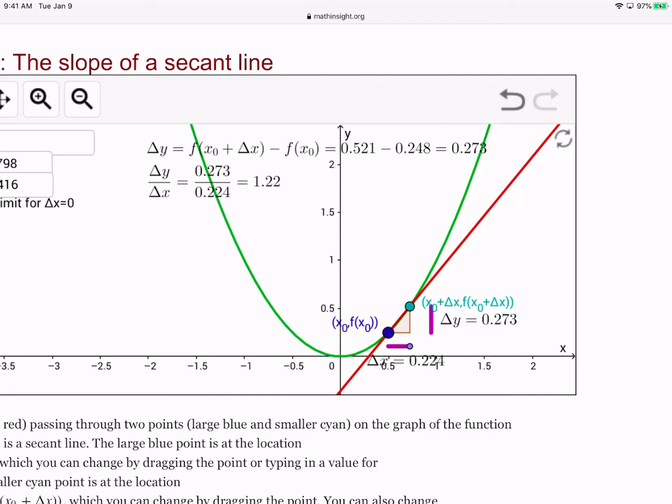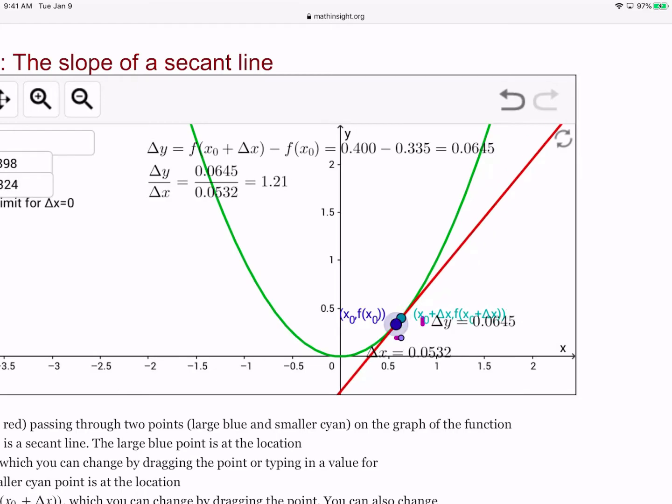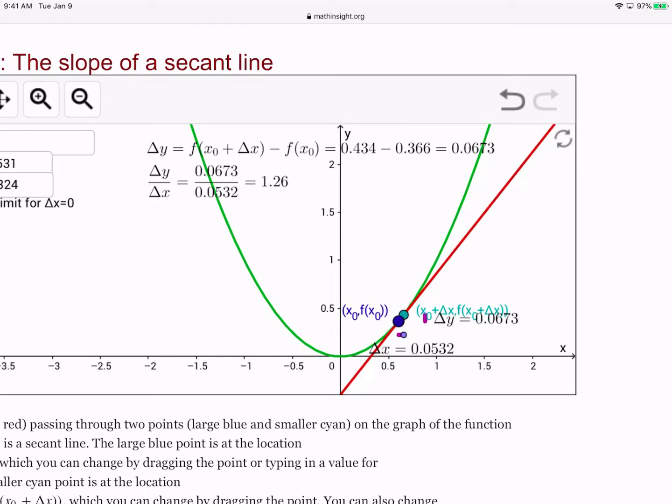So someone took the slope of this line and then they moved closer to 0.5. Then they found the slope of that line. And then they moved closer and closer until they got so close that you could estimate really well the slope that touches at just that 1 point.